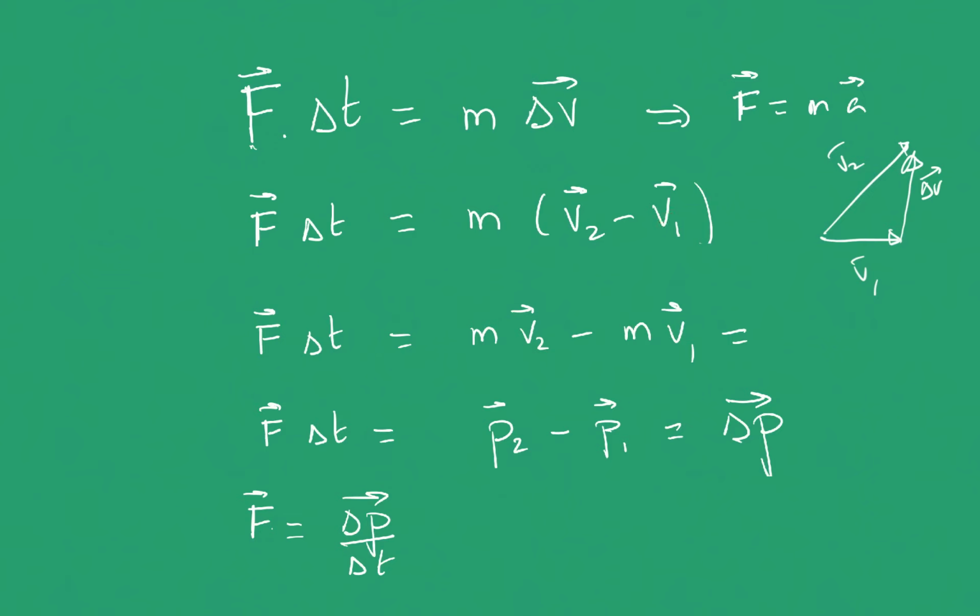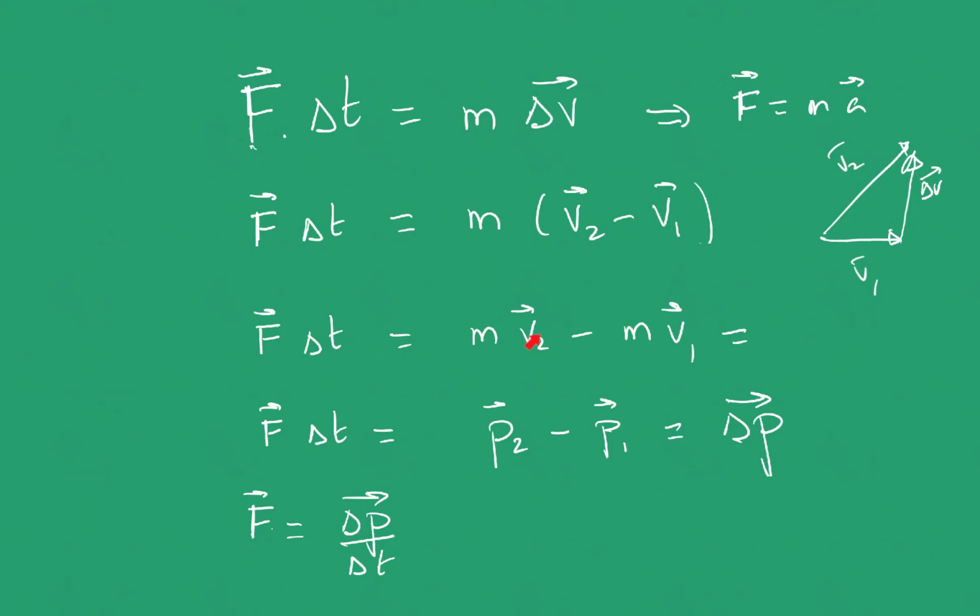So what we are wondering is, if the object is moving with this velocity in this direction with this magnitude, and later on it's moving in this direction with a bigger magnitude, what produced the change in the velocity? The change in the velocity is produced by the force. So this equation says that the force acting during the time delta t will be mv2 minus mv1.